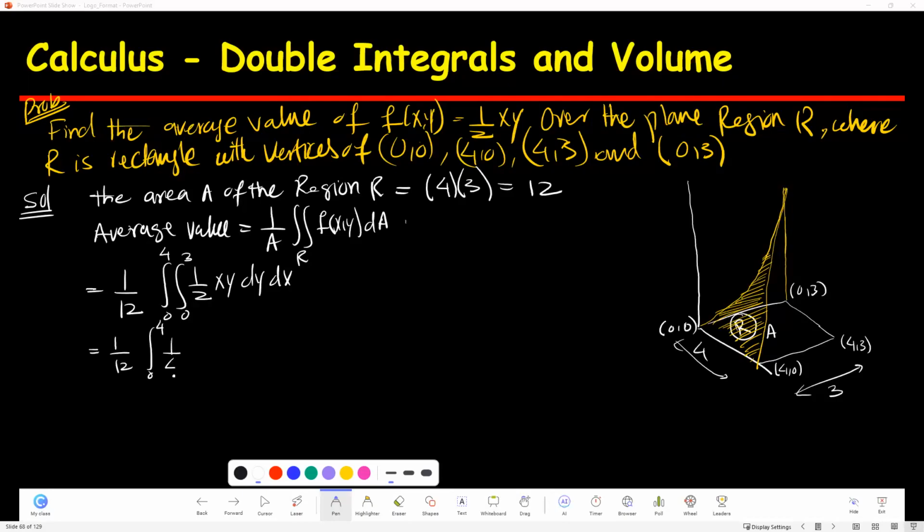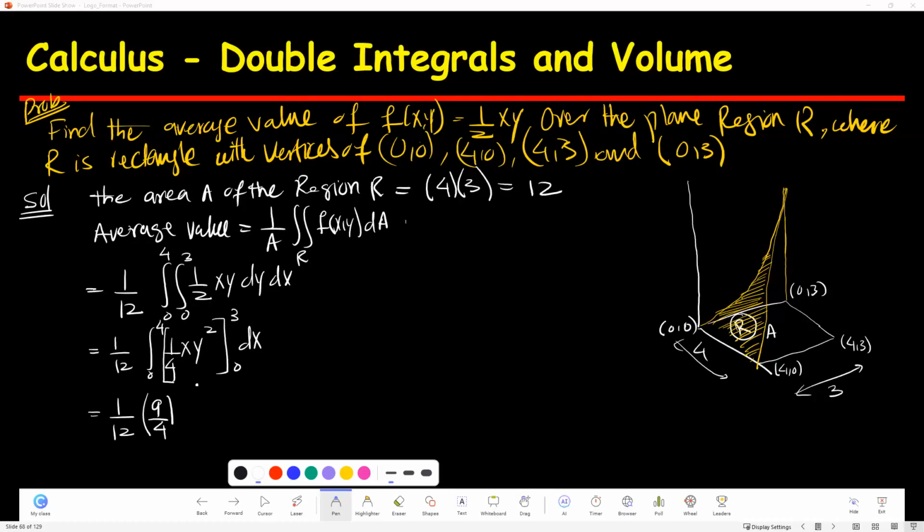1 over 4 and xy squared. Apply the limit 3 and 0, dx, and solve further. It's gonna be 3 times 3 is gonna be 9 over 4.